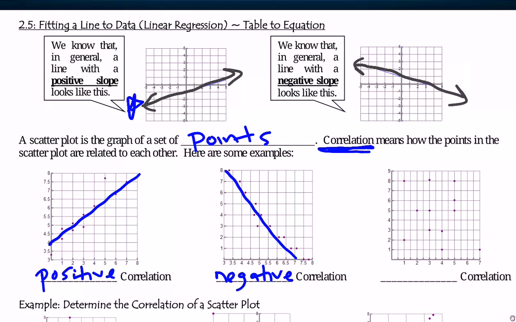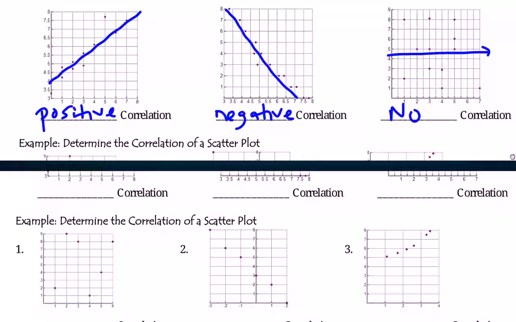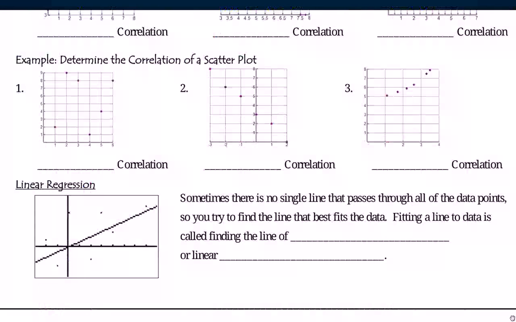And last, this one just doesn't seem to have very much, so we would say it has no correlation. Take a look at the graphs below and see if you can figure out what those are. I think that this first one is no correlation. There's no relationship as I go from left to right on my graph.